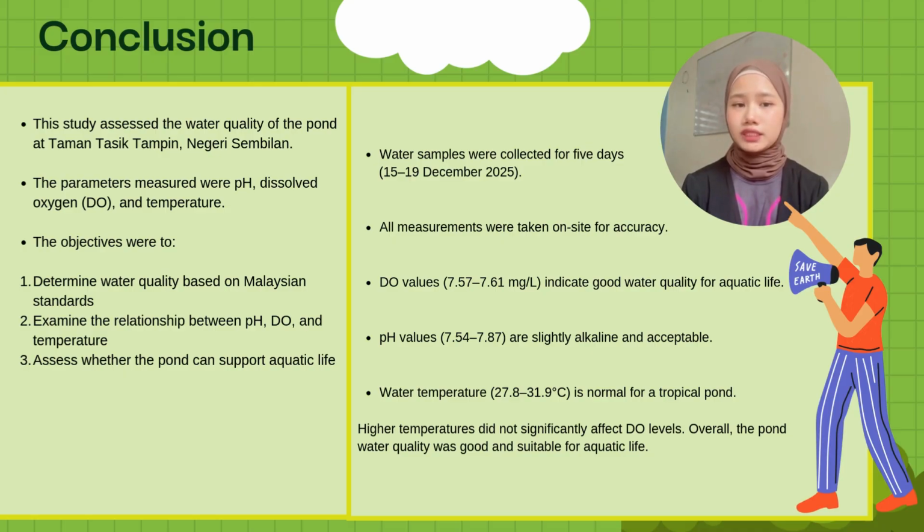Water temperature from 27.8 to 31.9 degrees C is normal for a tropical pond. High temperature did not significantly affect the DO level. Overall, the pond water quality was good and suitable for aquatic life.